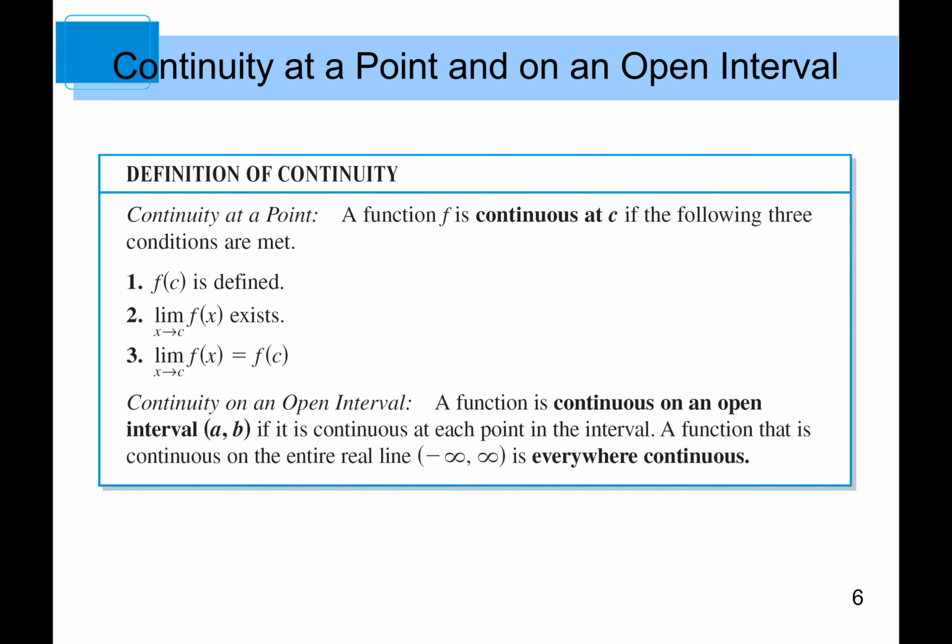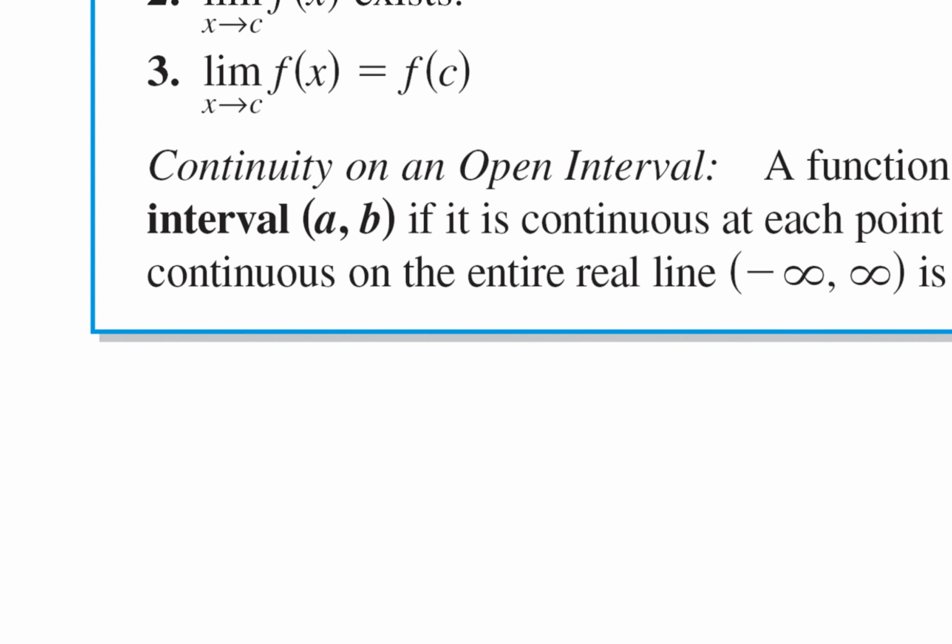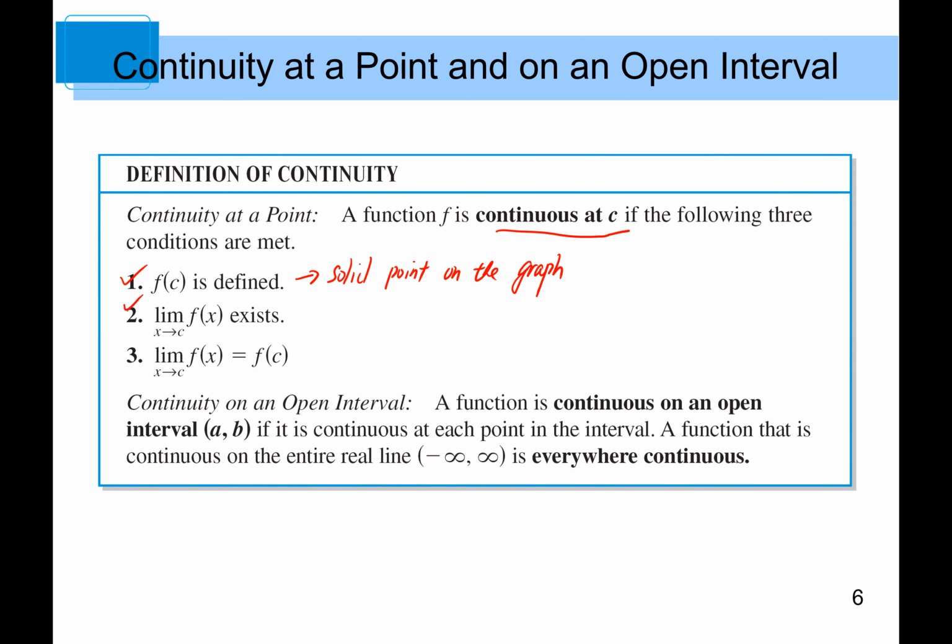Continuity at a point. A function f of x is continuous at c if the following three conditions are met. First of all, f of c is defined, meaning there's a solid point there on the graph. Second, the limit of f of x as x approaches c exists, and that will guarantee there's no jump.